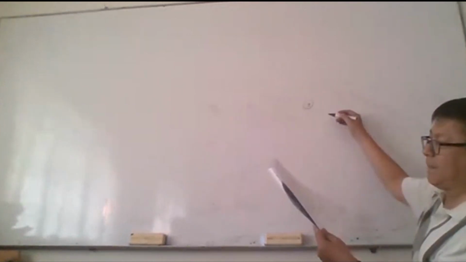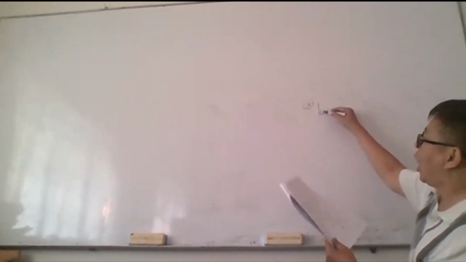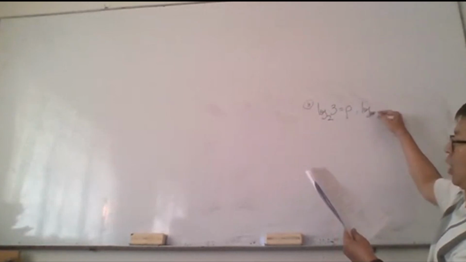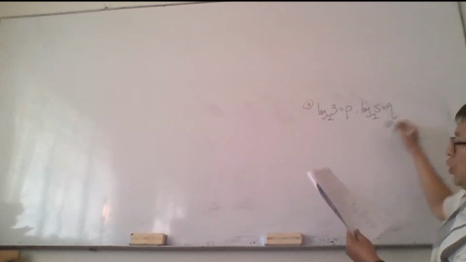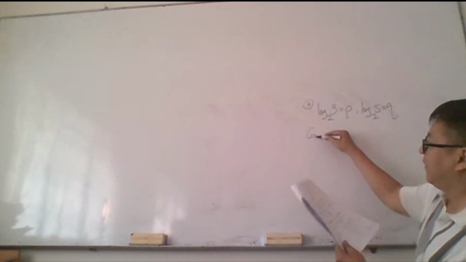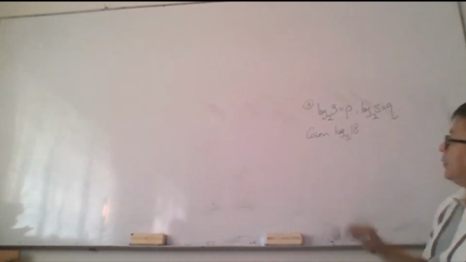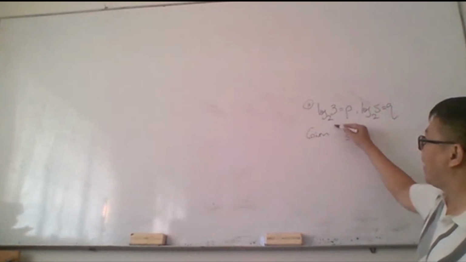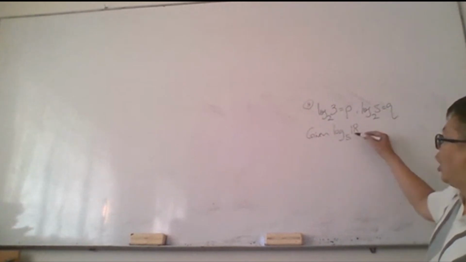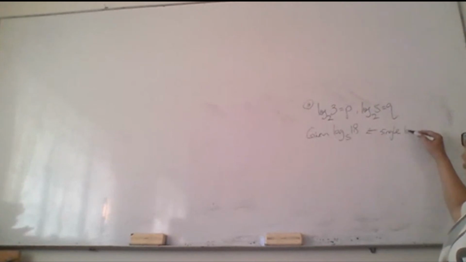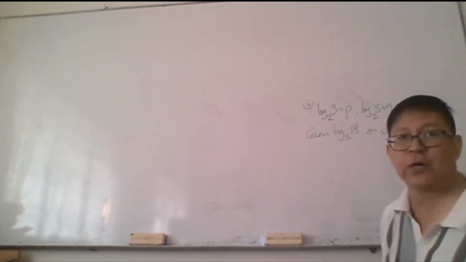So another example: say log 2, 3 equals P, and log 2, 5 equals Q. Given log 5, 18, please remember that this is called a single logarithm.